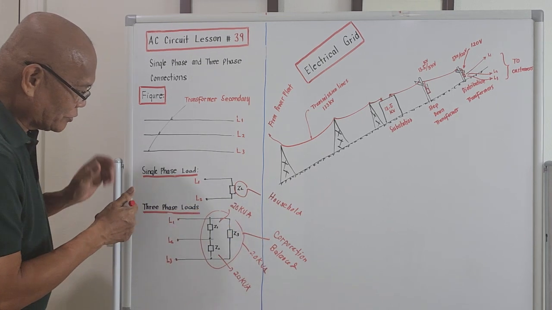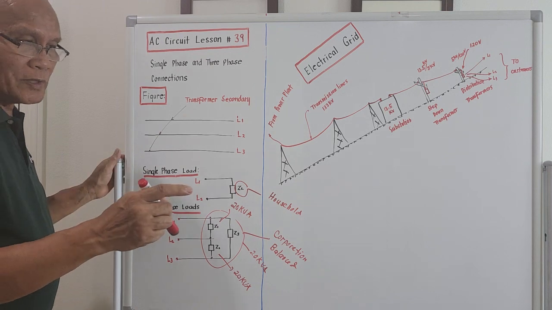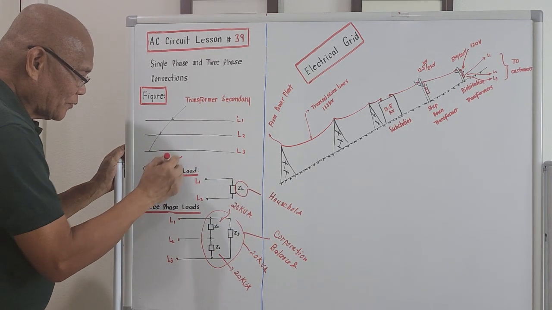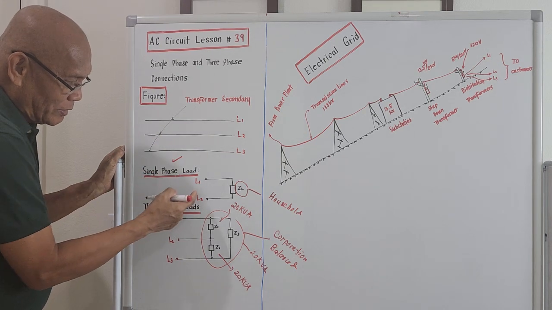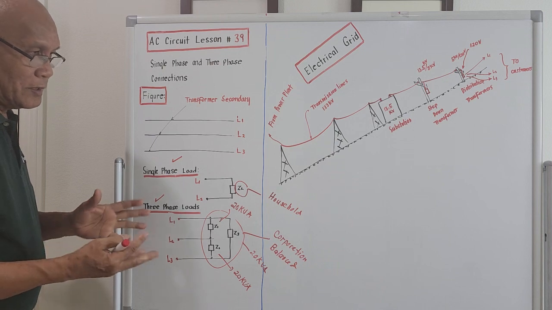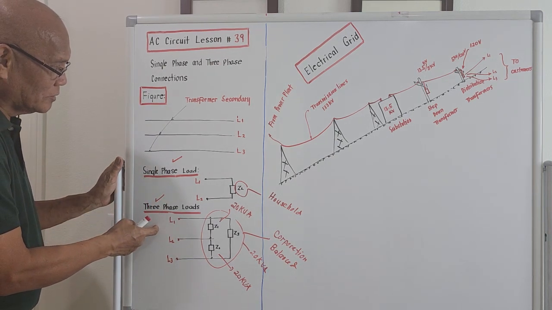That is considered a three-phase load. So an ordinary household is classified as a single-phase load, only connected to line number 1 and line number 2. That's the difference between a single-phase load and a three-phase load.